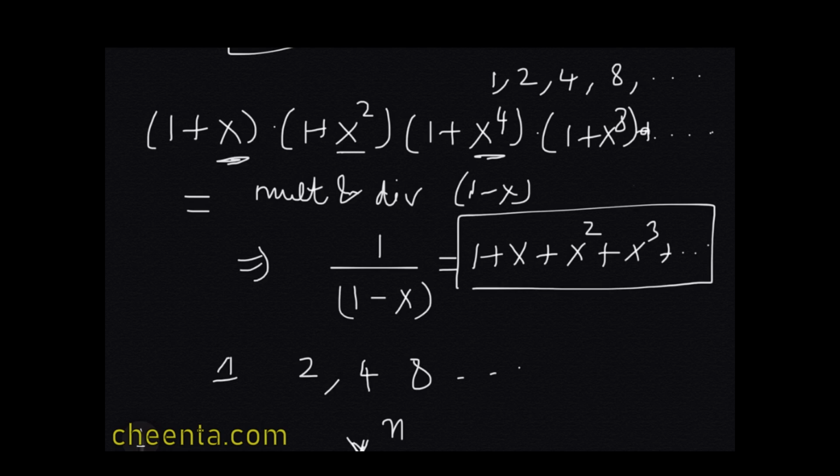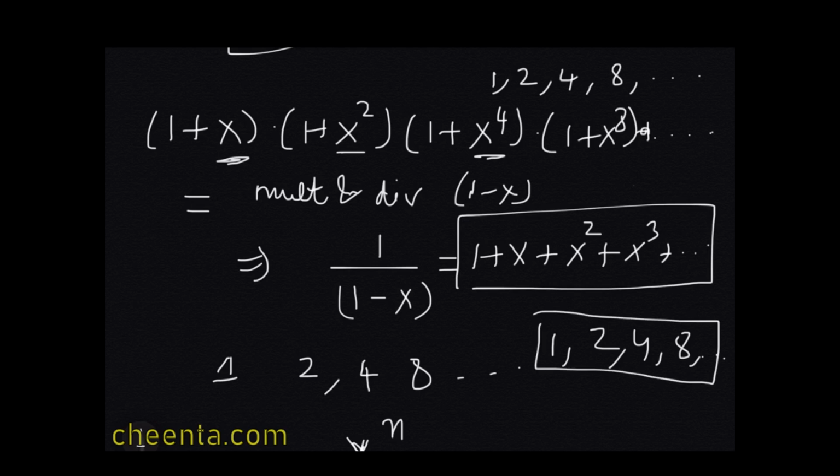What does that mean? Using 1, 2, 4, 8, there is only one way I can get any integer n, because in 1 by 1 minus x every coefficient is 1. And every number has a representation, because 1 by 1 minus x has all degrees.